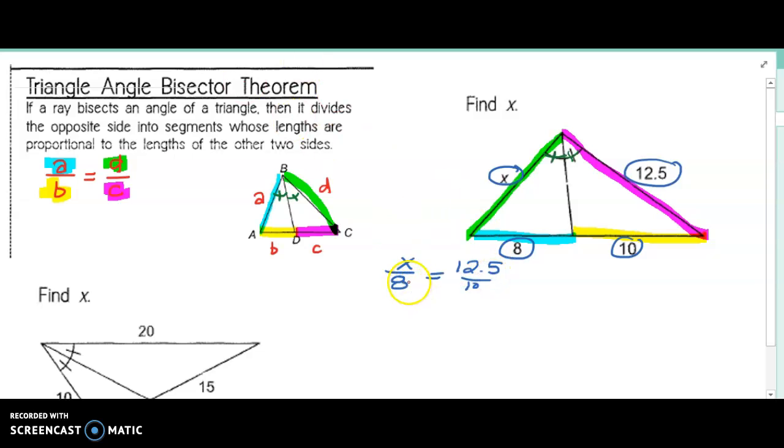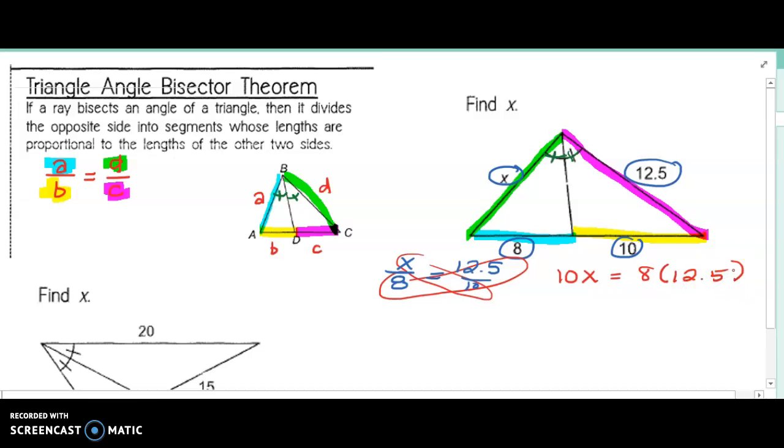Okay, from here I cross multiply. So 10x equals 8 times 12.5. I plug that in my calculator, that's 100. So 10x equals 100. Divide both sides by 10. I get x equals 10.